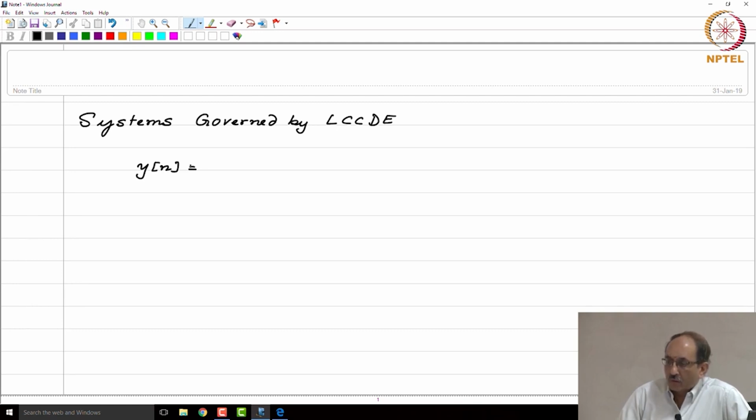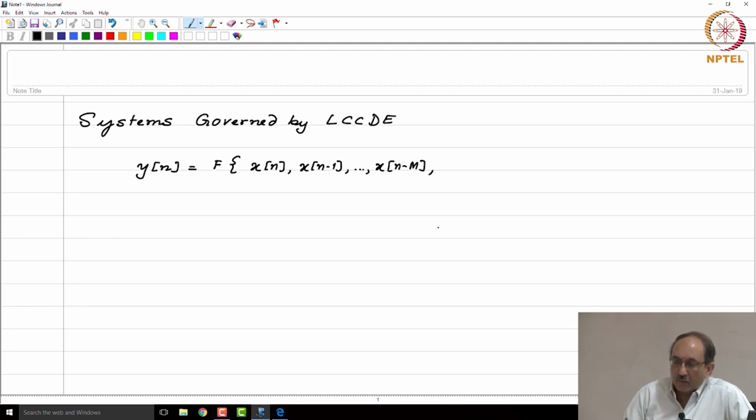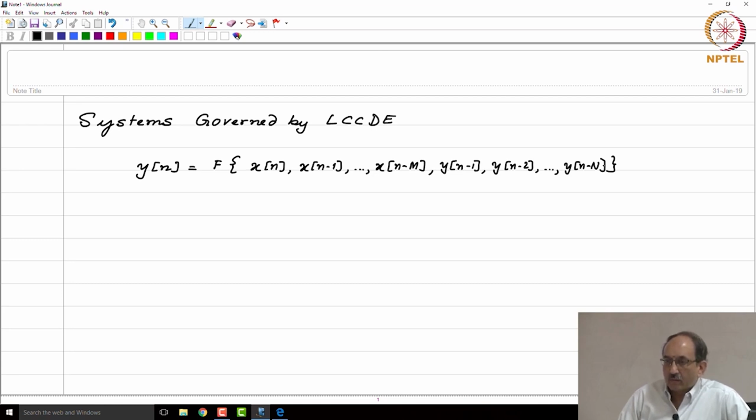whose output y of n is a function of x of n minus 1 up to x of n minus cap M, y of n minus 1, y of n minus 2 up to y of n minus cap N. So, we are going to look at systems whose output depends only on these samples, not on anything else.